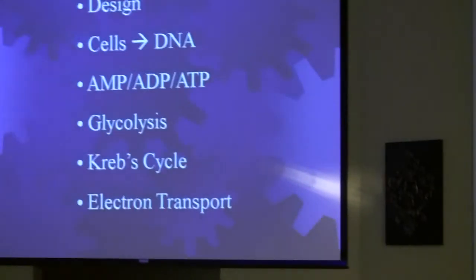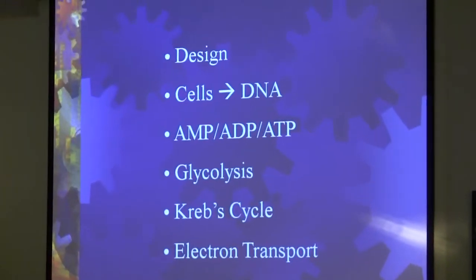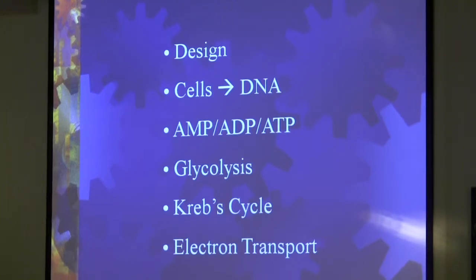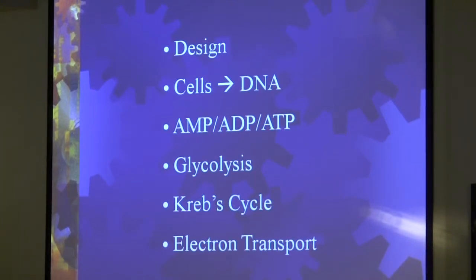I'm going to talk about these areas during the presentation on information theory. The first area will be design, what that criteria is. We've heard a lot about design. Anybody can recognize design. Everything you see around you is designed. Look at something in front of you, behind you, aside of you.